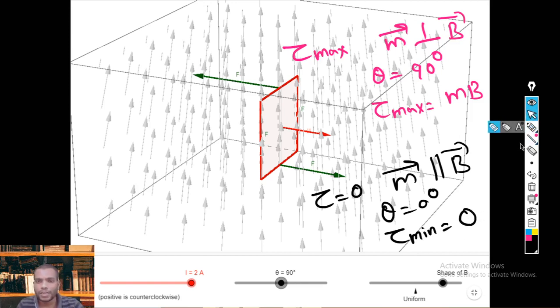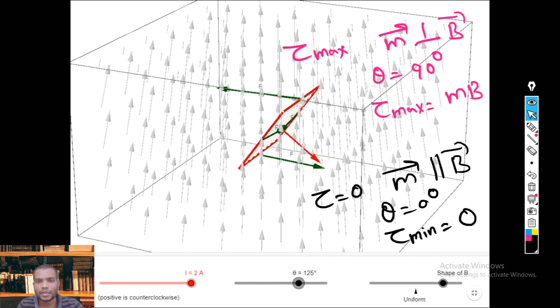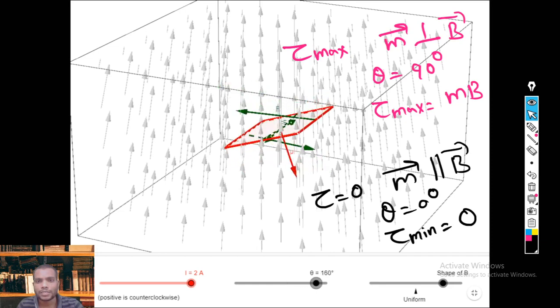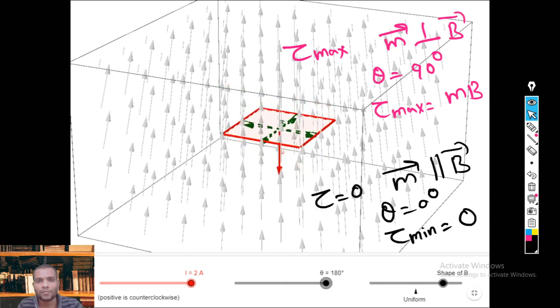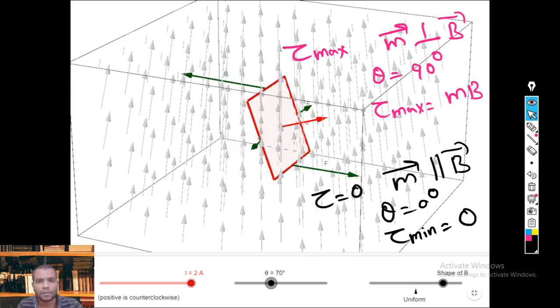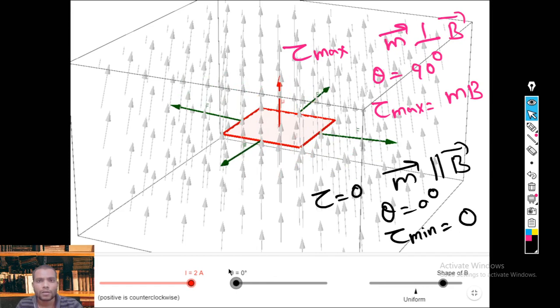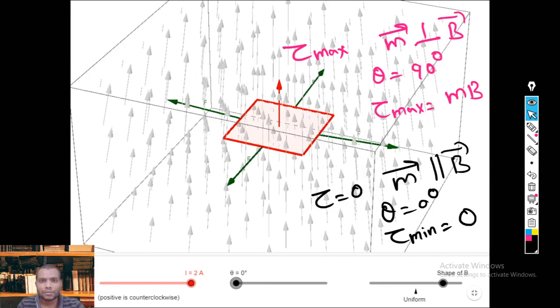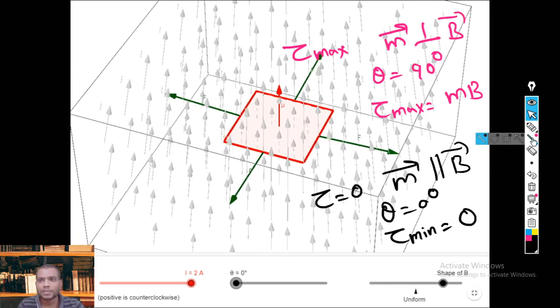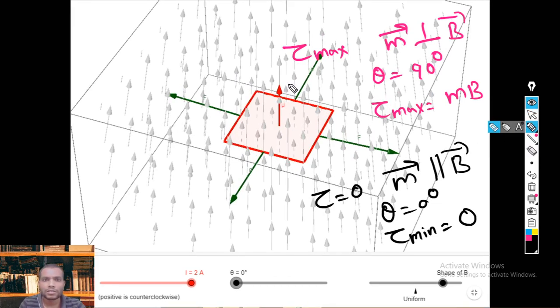If we rotate further from 90 to 180 degrees, the forces just flip each other, but they still cause a couple. Finally, at this moment, the red vector you are seeing, the magnetic moment, is exactly parallel to the magnetic field, which causes zero torque.